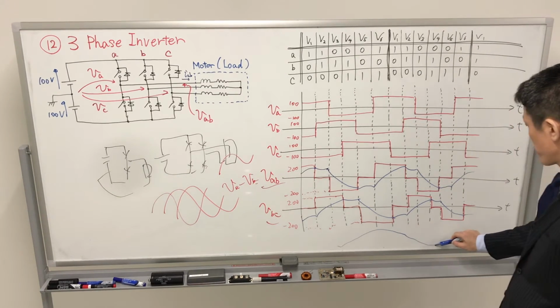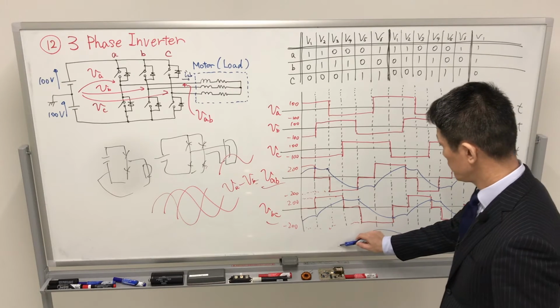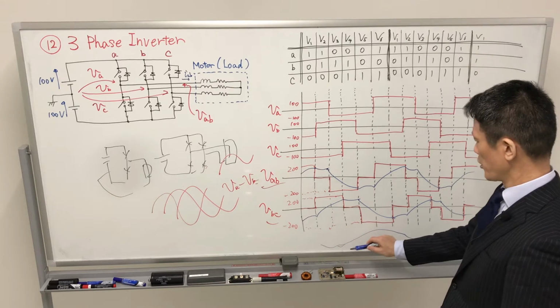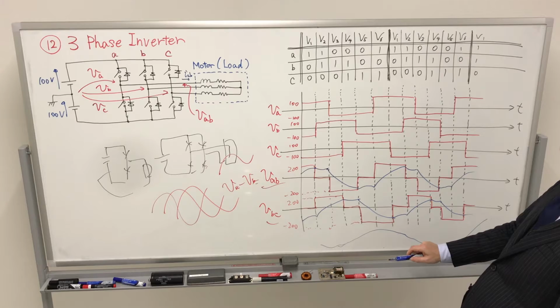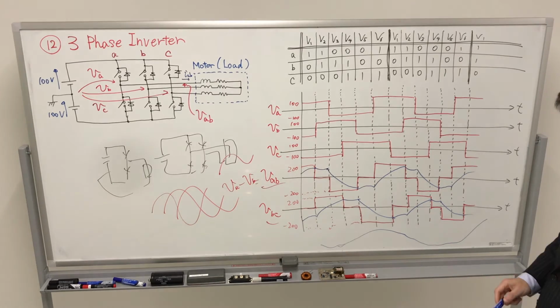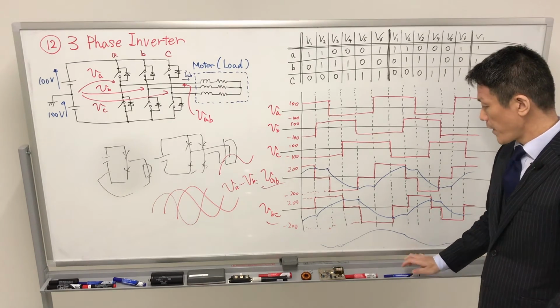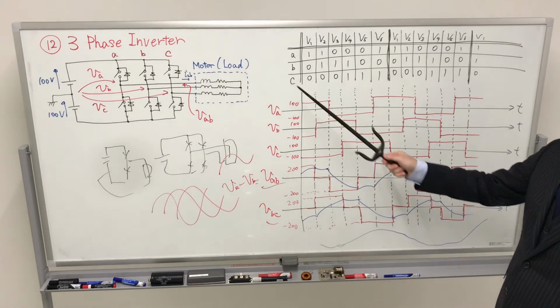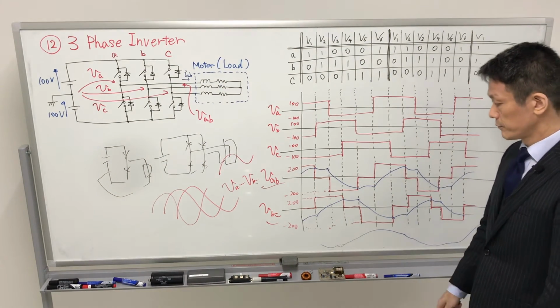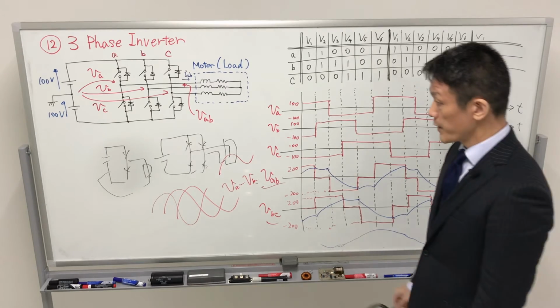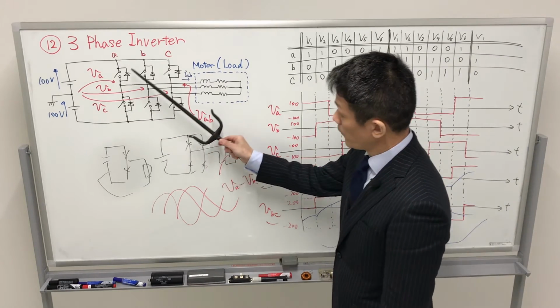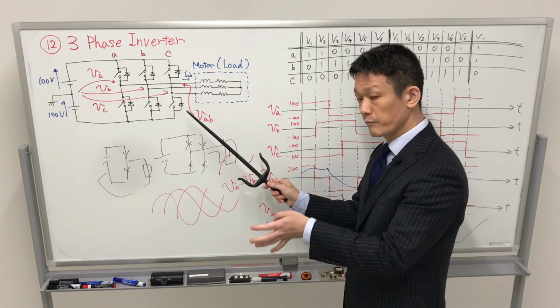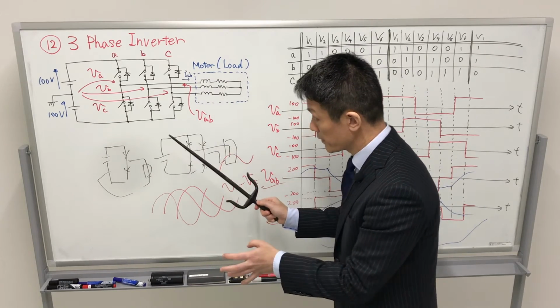Three-phase AC current is obtained using only 6 power semiconductor devices.